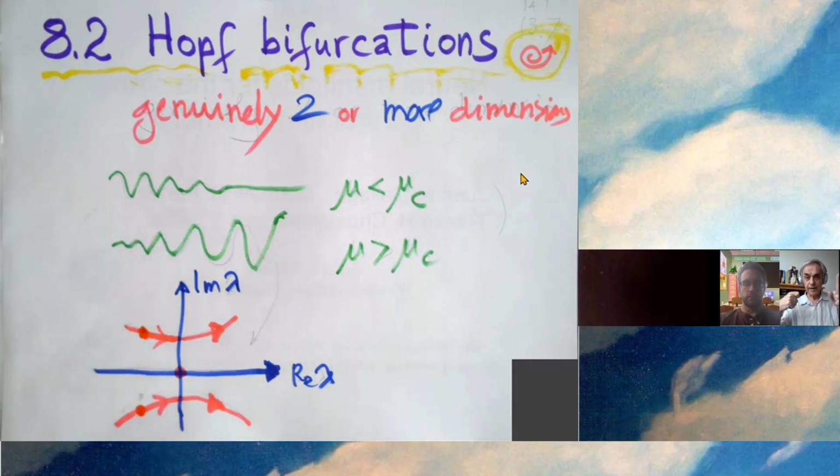And when a nonlinear stable, unstable manifold, which is some curved thing in a state space, when they cross, they do it by a tangency, and then they penetrate each other.